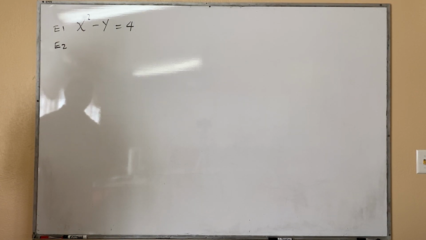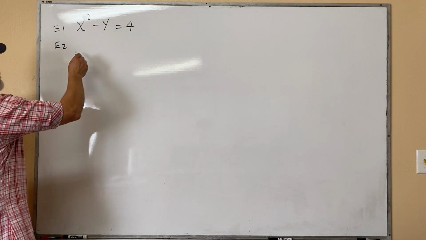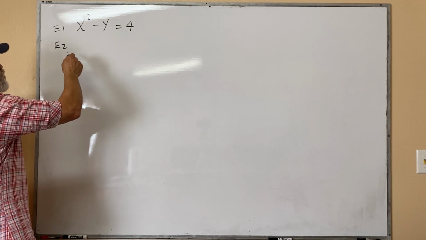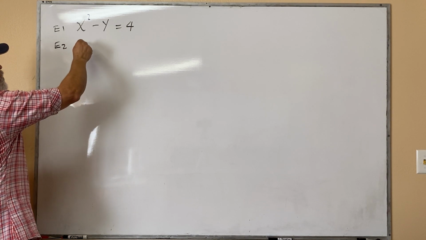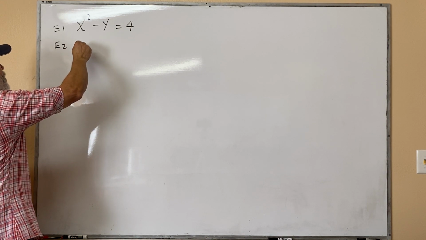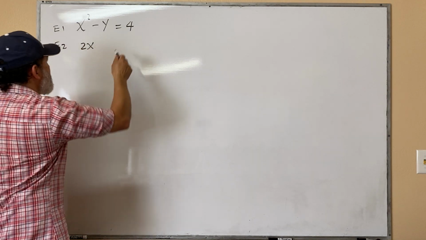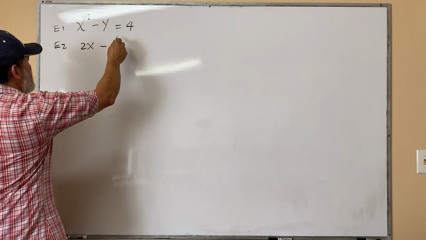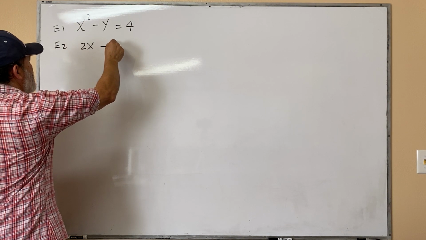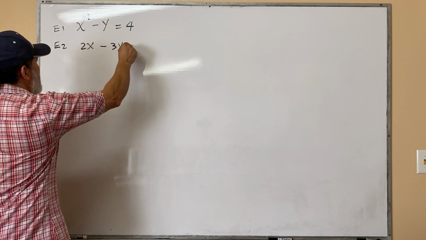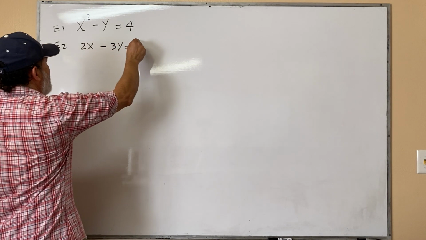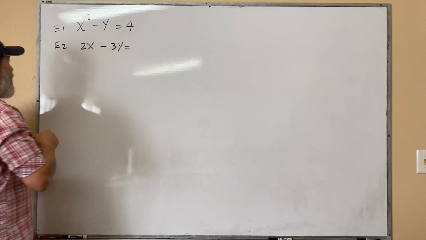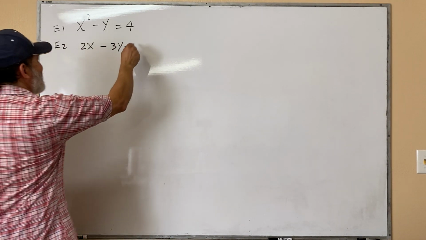Equation 2 is going to be the following. 2x minus 3y equals 6.